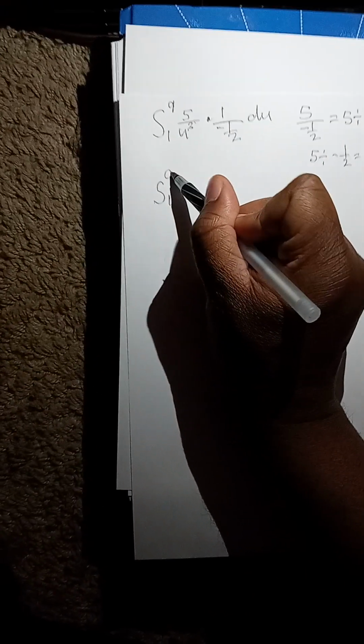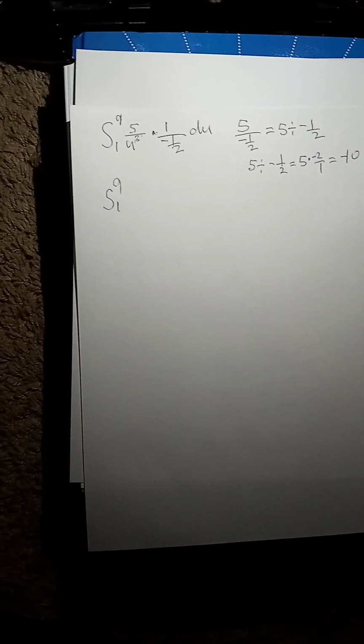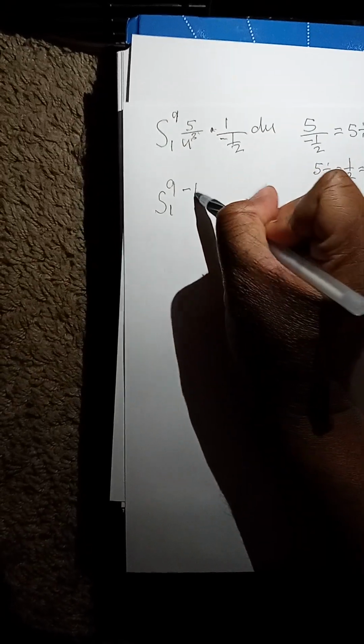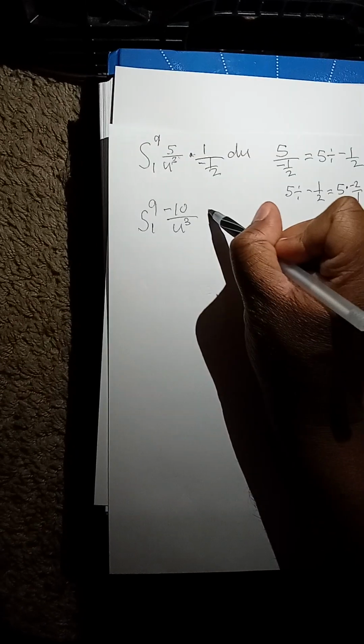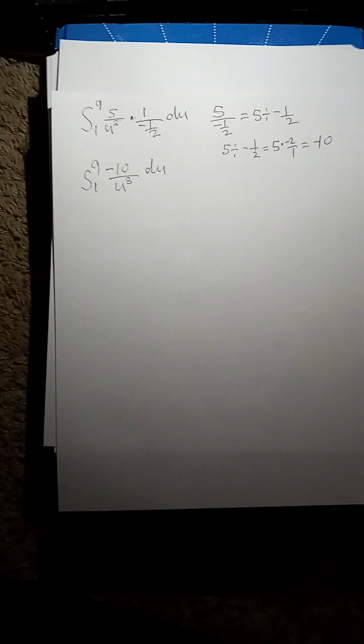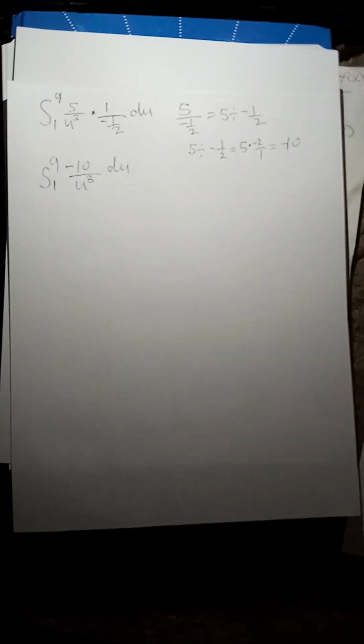So the integral from 1 to 9 of negative 10 divided by u to the 3rd du. And then I could utilize laws of negative exponents here.